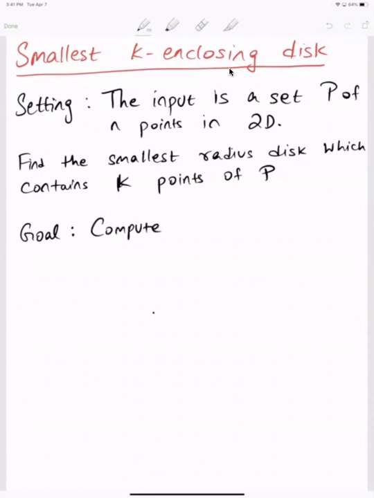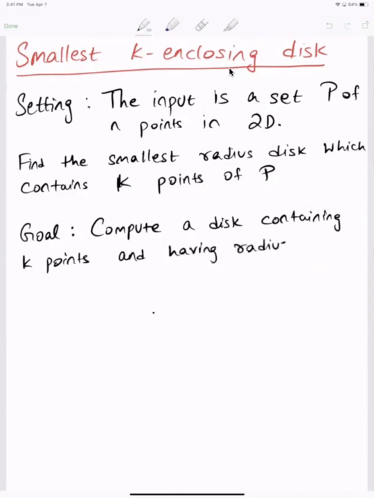Compute a disk containing k points and having radius at most 2 times r opt.